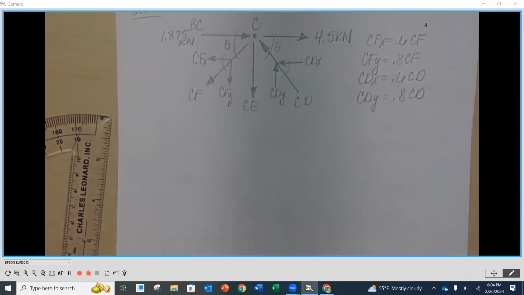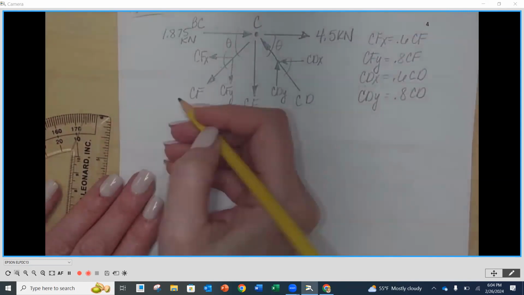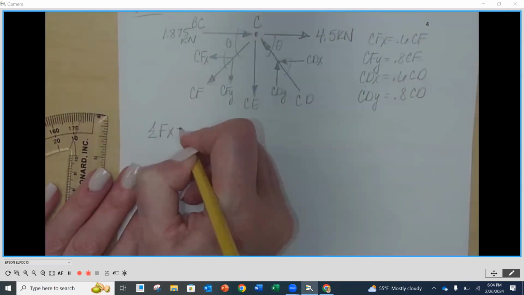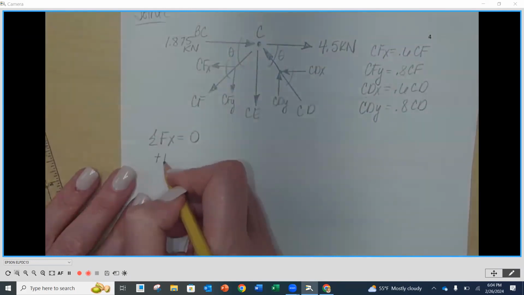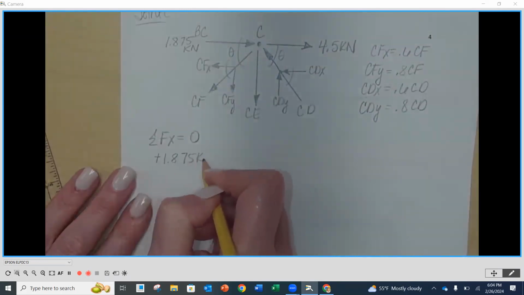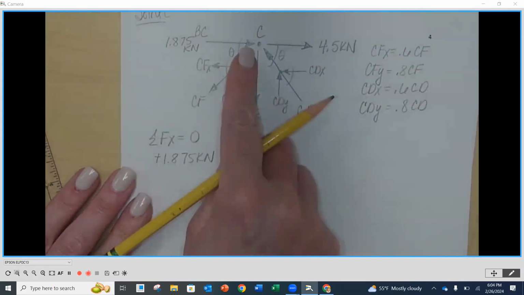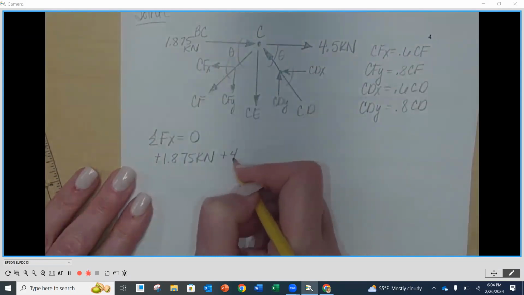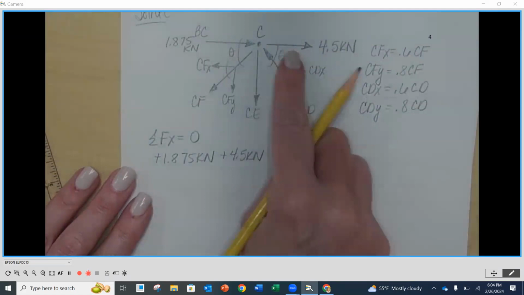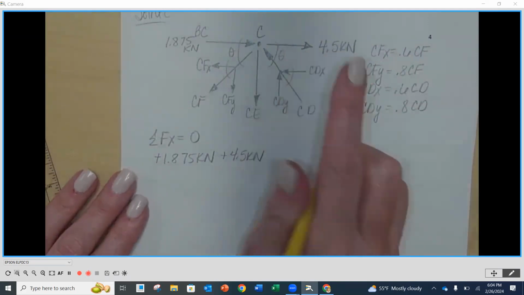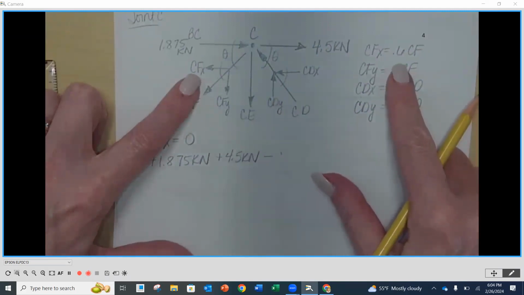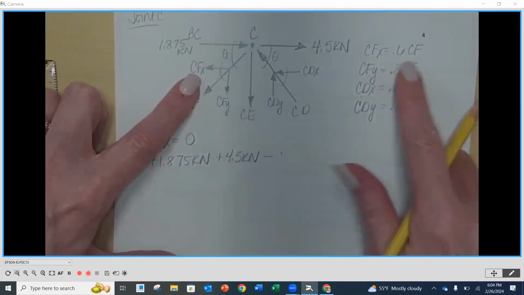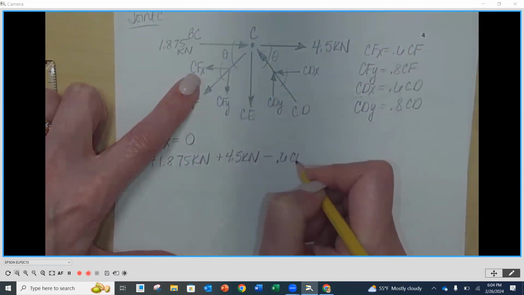All right, now we're ready to sum our forces in the x and sum our forces in the y. So I'm going to sum our forces in the x direction equal to 0. Right now we have a positive 1.875 kilonewtons going to the right. We have a positive 4.5 kilonewtons going to the right. We have a negative, now it's CFX. So instead of writing CFX, I'm going to write 0.6 times CF.